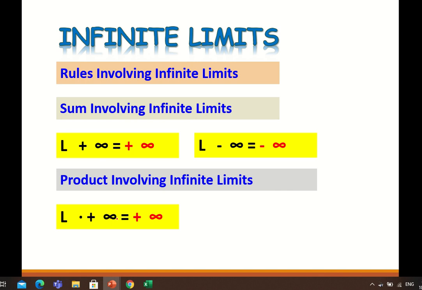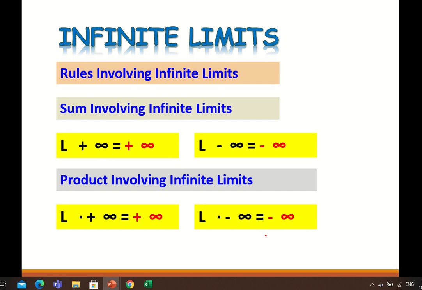For example, you have 1 million, and your limit is 2. So 2 times 1 million becomes 2 million. It means that it becomes much bigger. So we cannot determine what value that is, so that's why we represent it by infinity. Okay? So this is positive infinity. And we also have limit multiplied by negative infinity. By the rule of multiplication, positive multiplied by negative, the product would be negative.